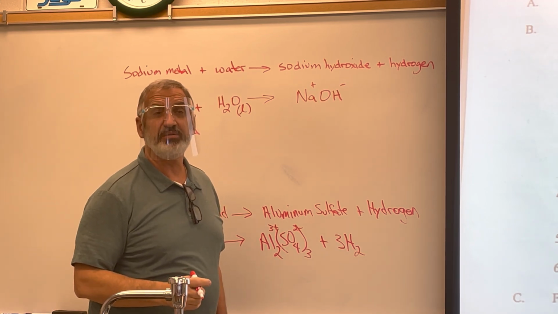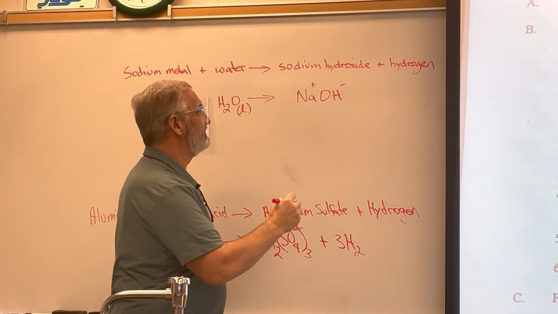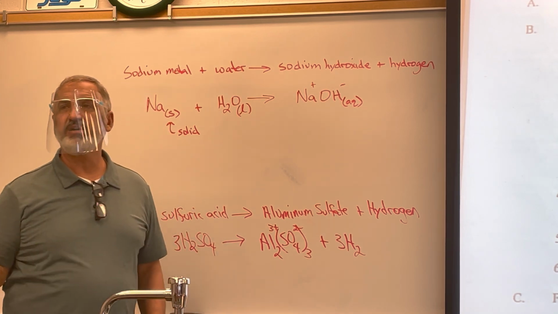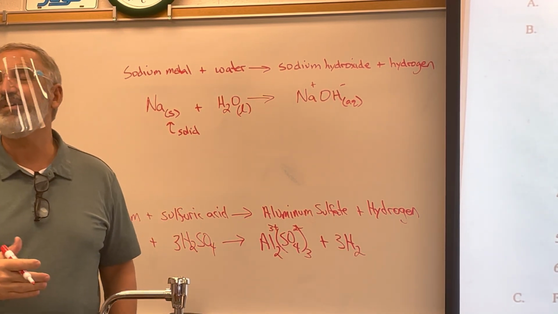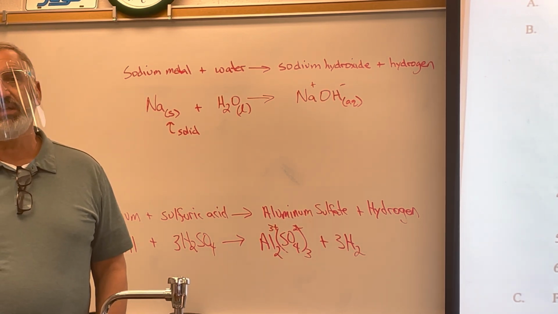Now it's going to be a solution. Does anybody know how we represent something that's dissolved in water? Very good, aqueous, AQ. It's kind of from the Latin aqua. Aqueous means something dissolved in water. Since water is used so often for things to be dissolved in, they have the AQ.